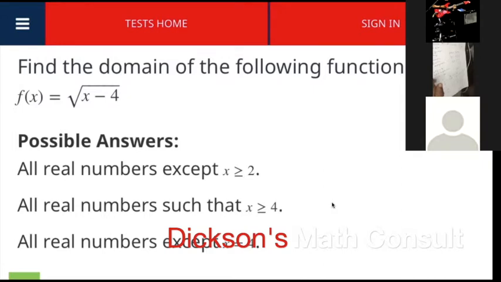And then all real numbers except 4. Now, this comes in because of the controversy about square root of 0. Square root of 0 is 0. I mean, nothing is nothing. So square root of 0 is 0. It is a tangible number.